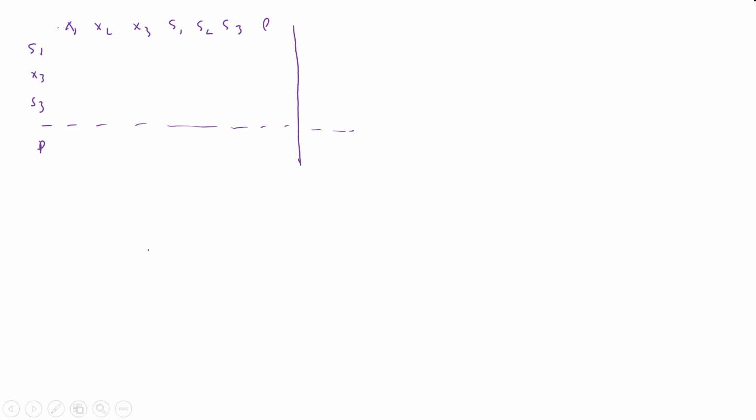All right, so which column or row stays the same? This row stays the same. So this one's going to stay as negative 1, 1, 1, 0, 1, 0, 0, and then 0. And then we're going to take minus this plus that row.